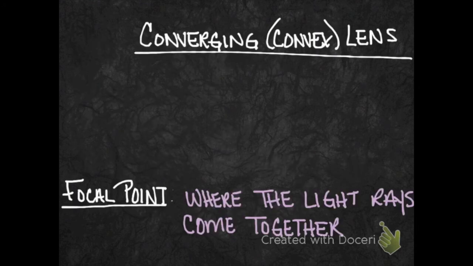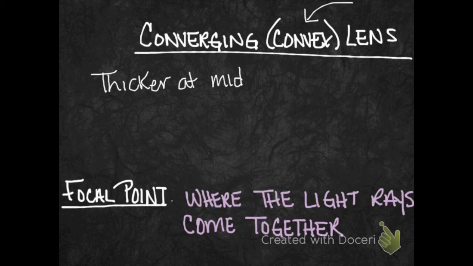All right, so the lenses that we're going to be focusing on are converging lenses. Converging lenses are also called convex lenses, and these lenses are ones that are thicker at the middle than on the rim. So they're thicker at the middle than at the rim.